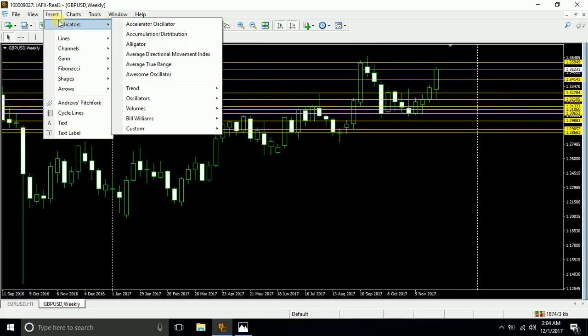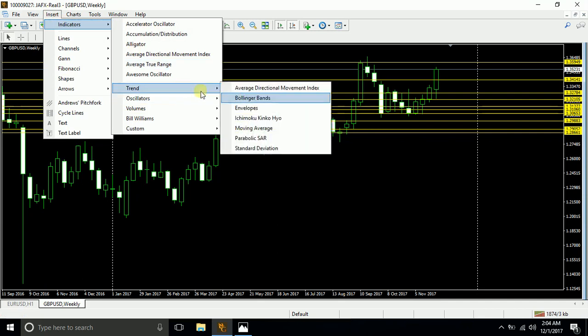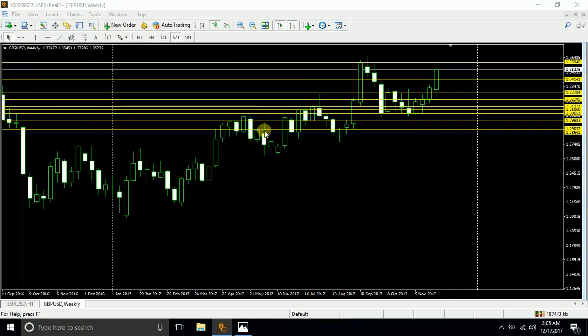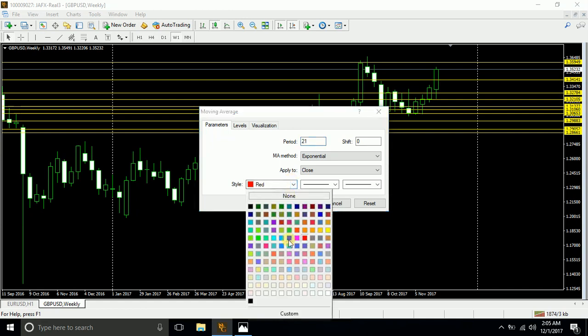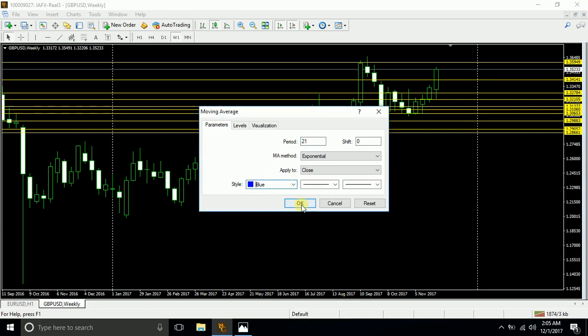Levels. Now, insert indicators, trend, moving average, 21. I believe that's going to be blue.